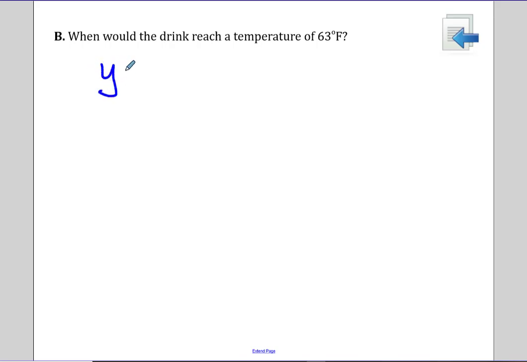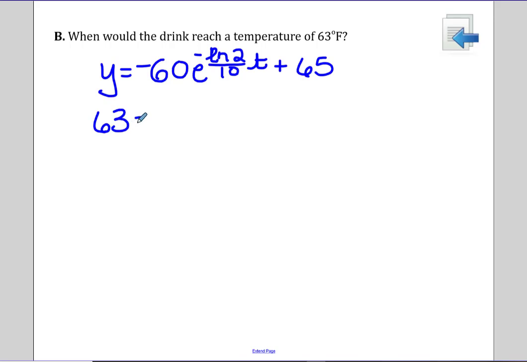Well, we could use our formula. y is negative 60 e to the negative natural log of 2 divided by 10 times t plus 65. So we want to know when the temperature is 63. We're going to solve for t.